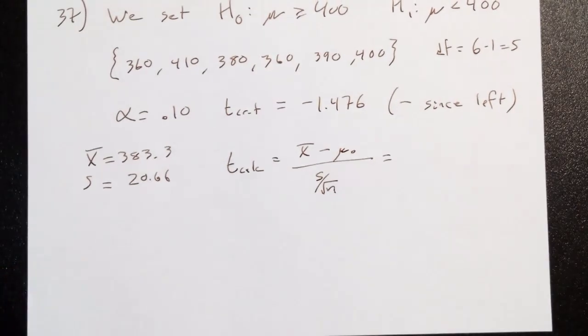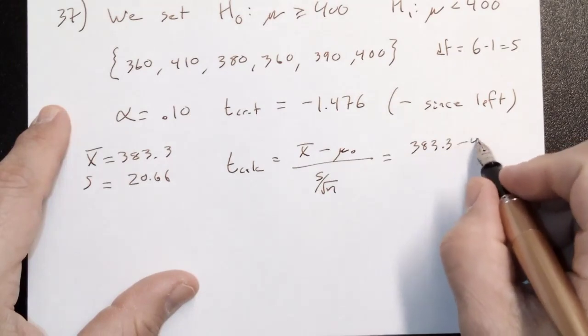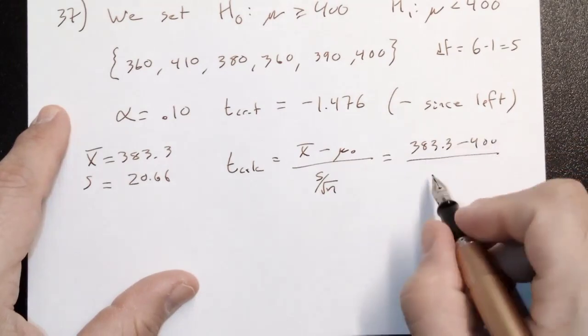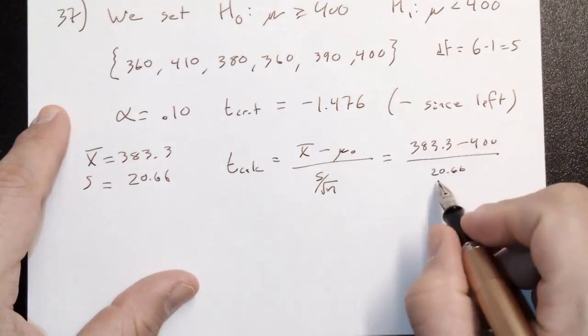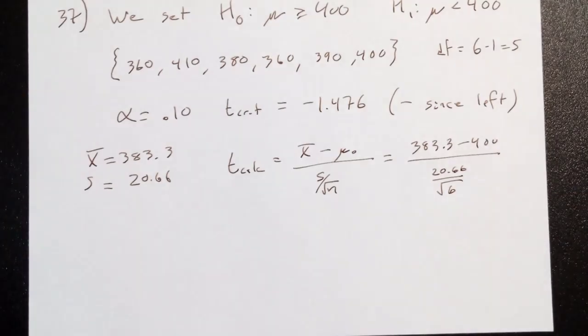And I can put in all the numbers I have. 383.3 minus 400 over 20.66 divided by the square root of 6. I need at least 2 decimal places for this number.